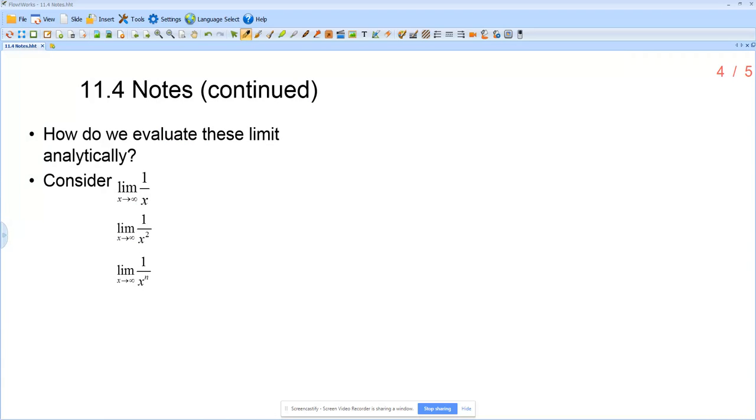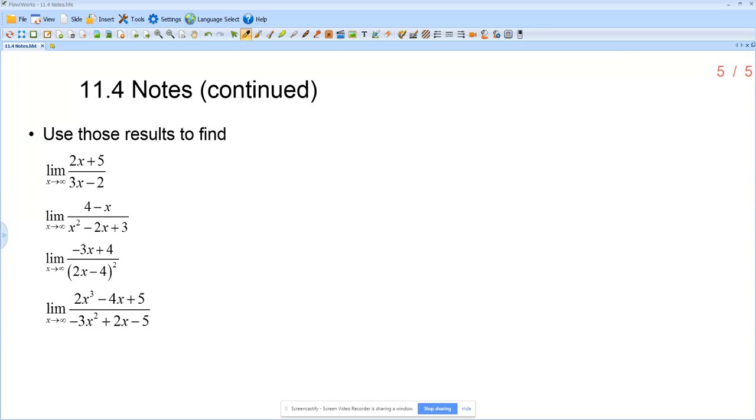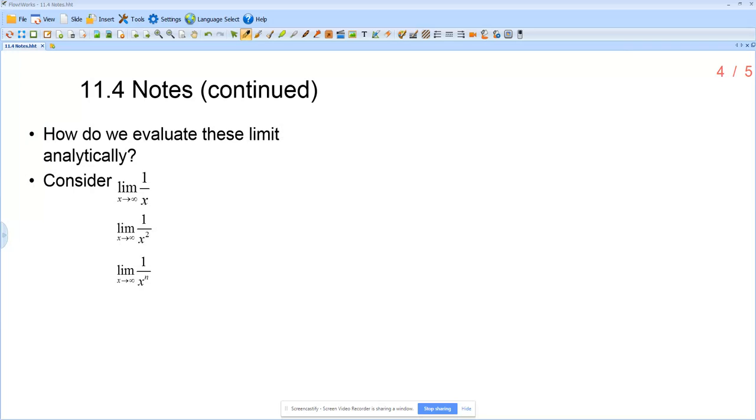So when we want to evaluate these limits, which is what we're going to do in these 4 examples, we need to get an idea down. When I talk about the limit as x goes towards infinity, I'm talking about 1 over infinity.